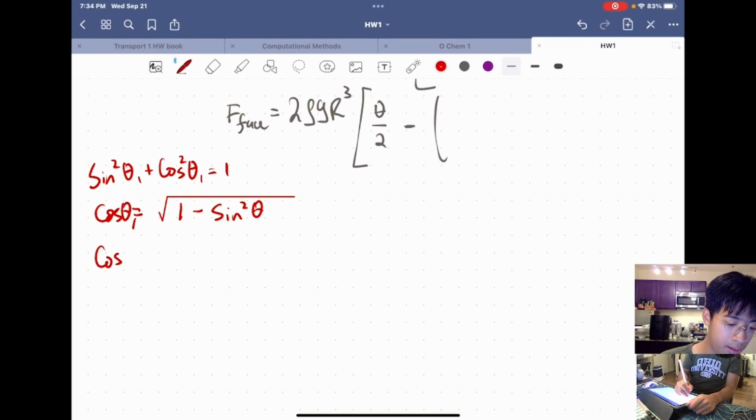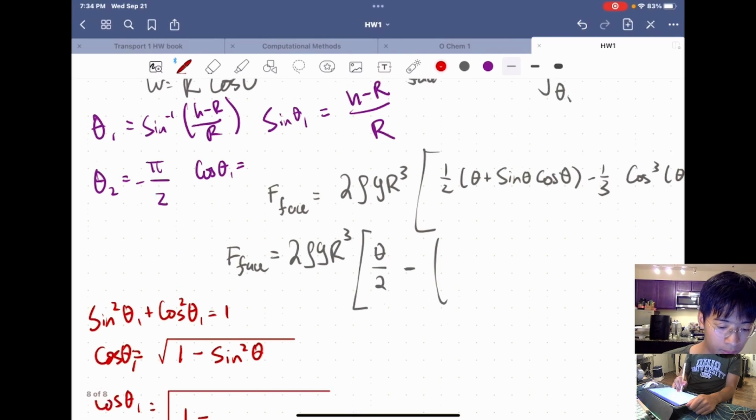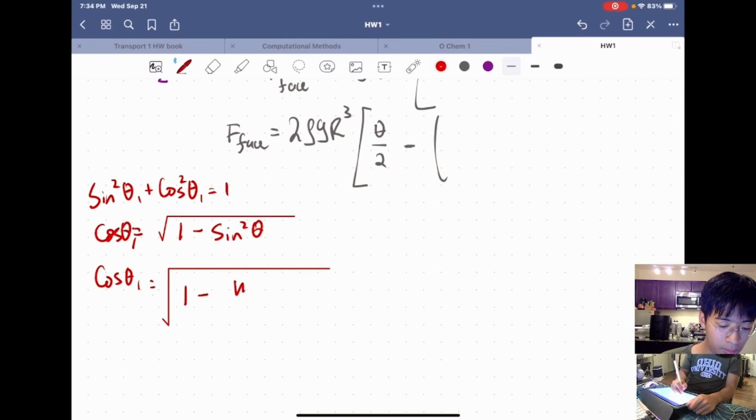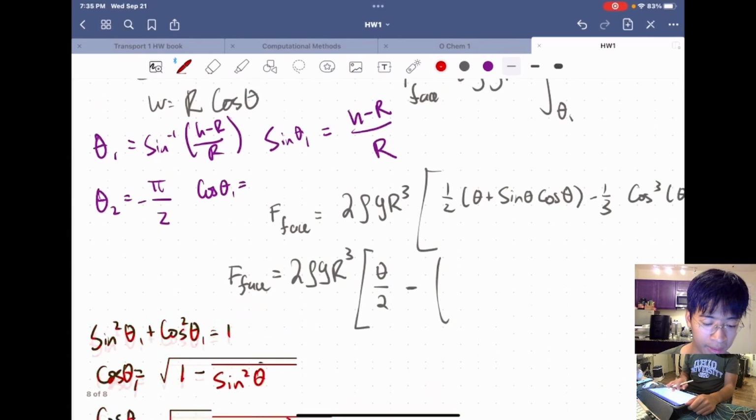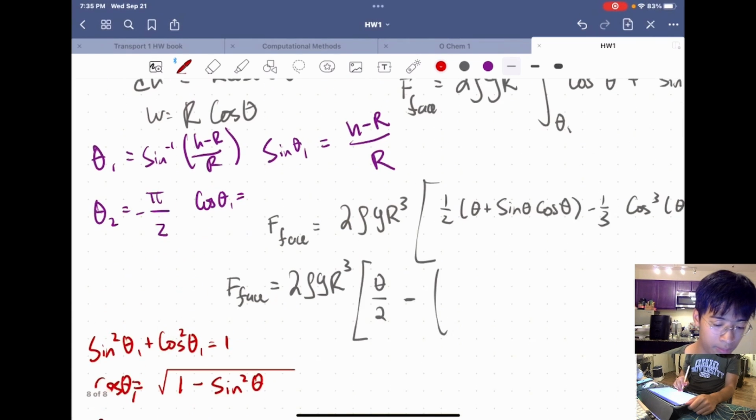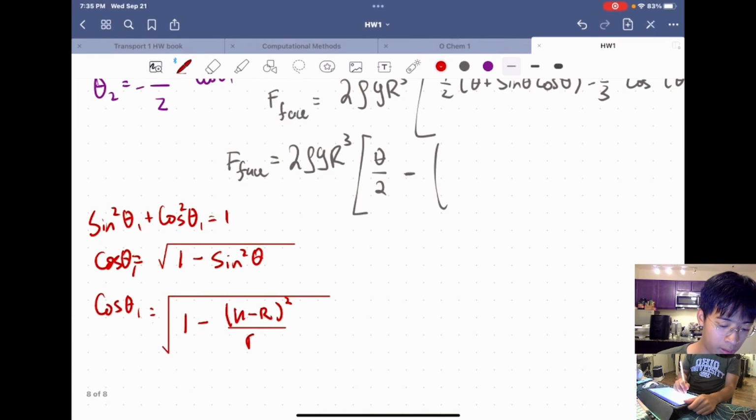So cosine theta 1 is equal to the radical of 1 minus (h minus r) squared over r squared.